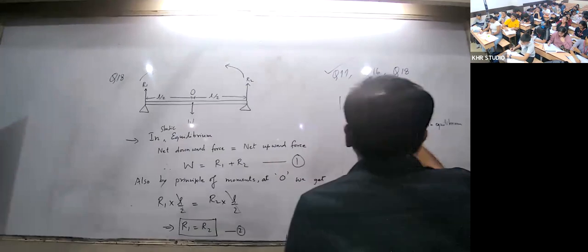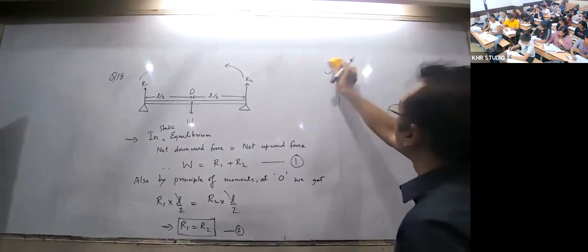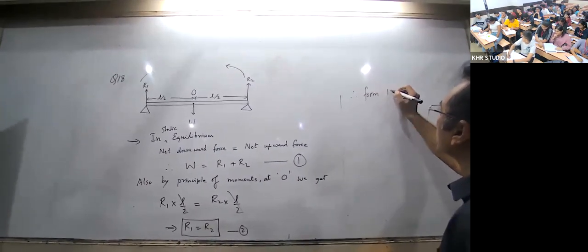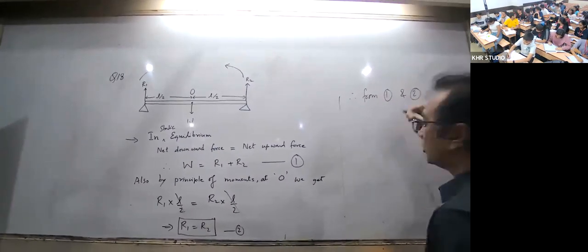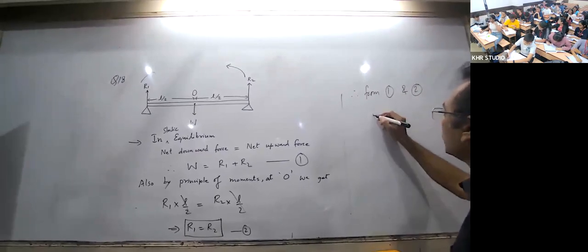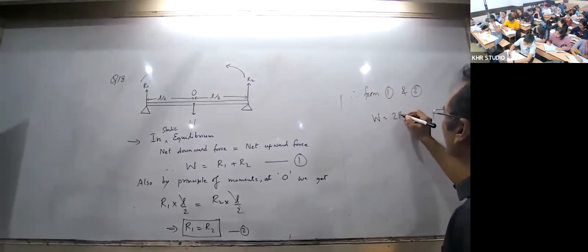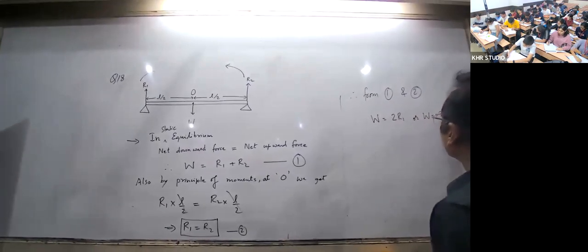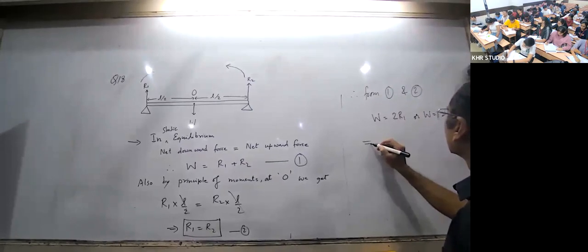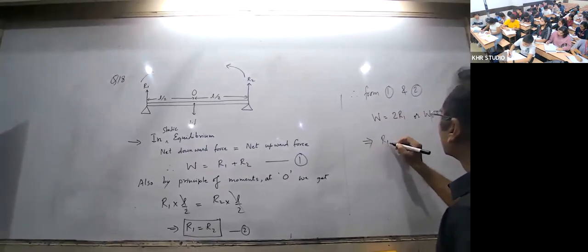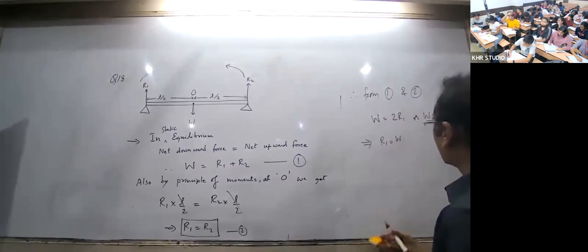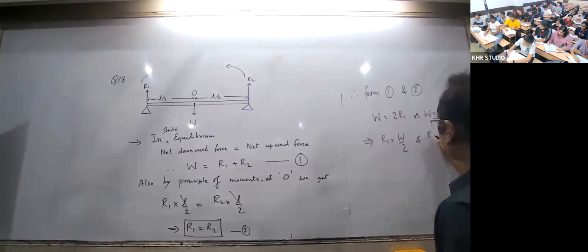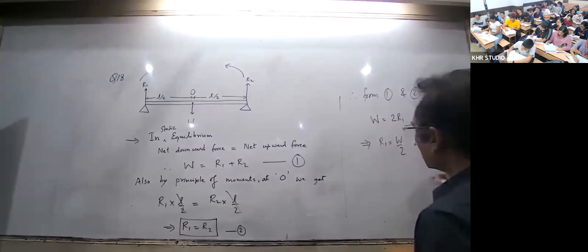What do we get from 1 and 2? W is equal to 2R1 or W is equal to 2R2. This means R1 is equal to R2 is equal to W by 2. Both are the same.